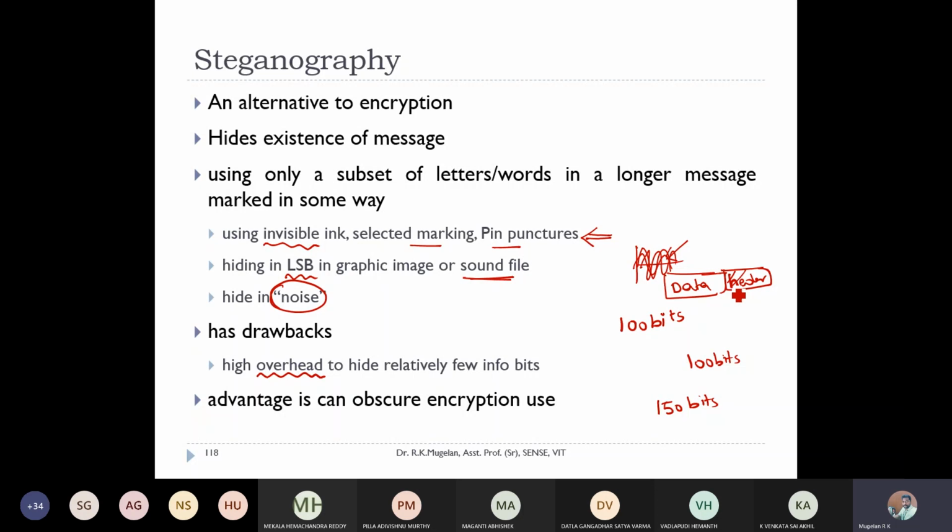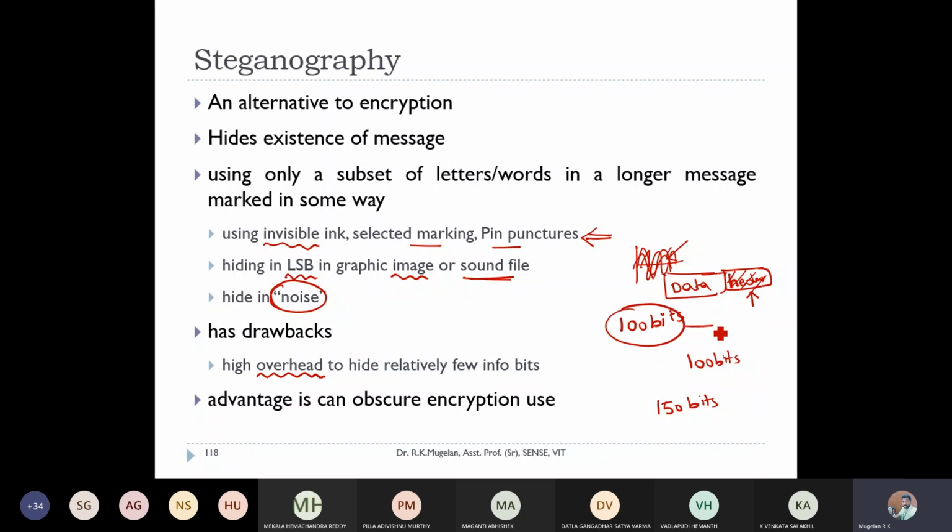This carries the information about your source address and other stuff, but it doesn't have any valid information for the receiver. So the header is nothing but all the bits which don't carry any information required for the receiver or transmitter, and these are called overheads. Why are overheads considered high here? For example, if you are transmitting a message using an image or sound file, your data may be 100 bits.